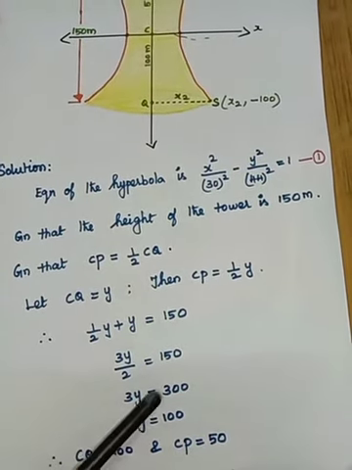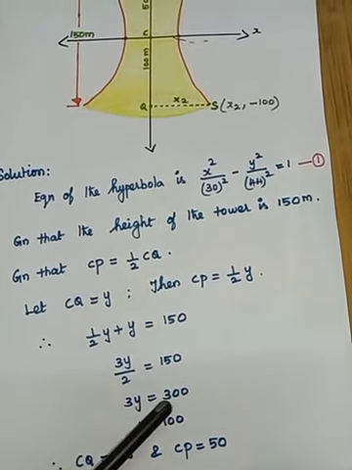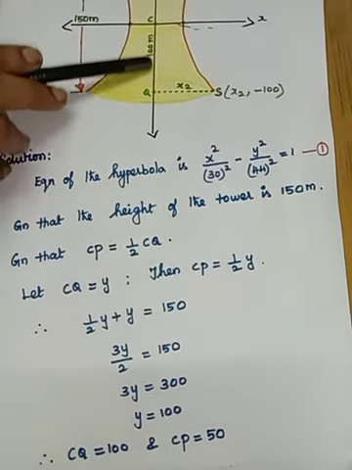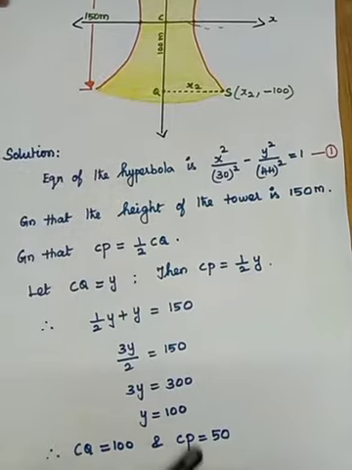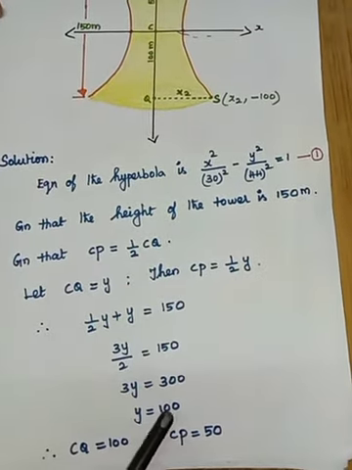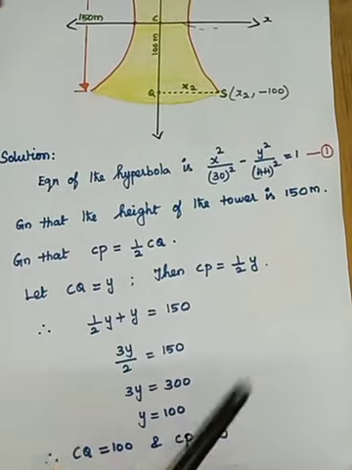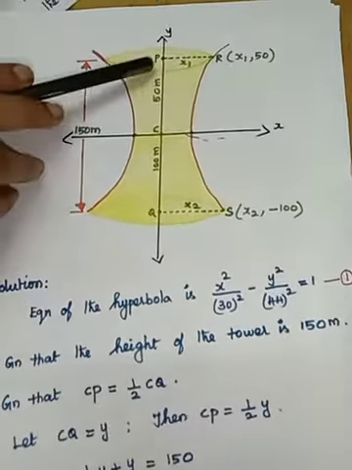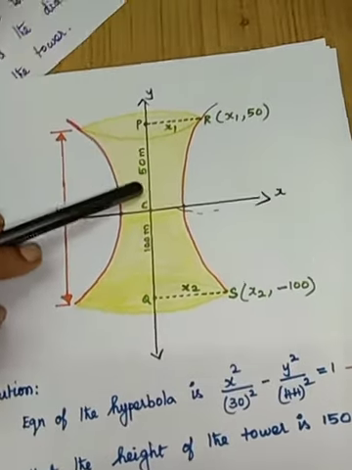So 3y is equal to 150 into 2, that is 300. So y is equal to 100. CQ is 100. Then what is CP? It is half into y, so half of 100 is 50. So this distance is 100 and this distance is 50.